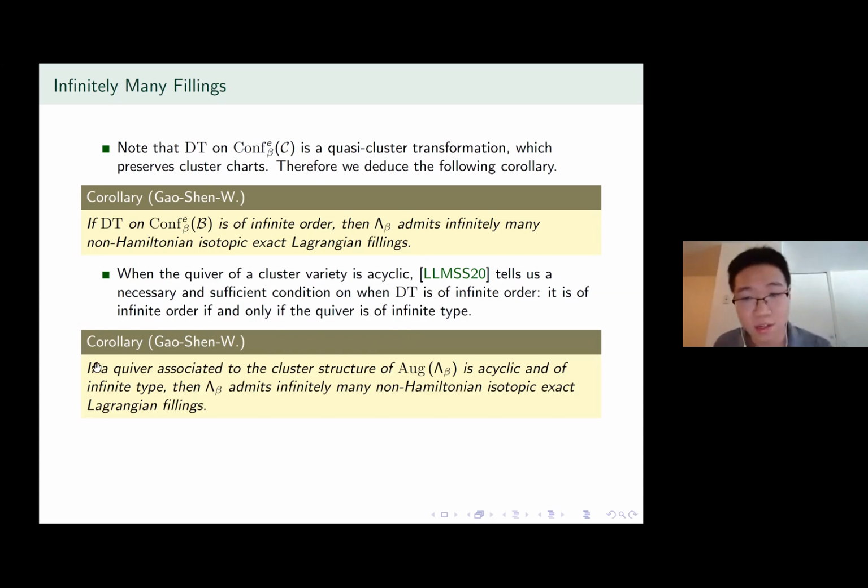So if you know that the underlying quiver of your augmentation variety is acyclic and of infinite type, then it always admits infinitely many non-Hamiltonian isotopic exact Lagrangian fillings. In particular, this applies to the earlier example that we saw, which is an acyclic quiver of infinite type. So that Legendrian link would have infinitely many non-Hamiltonian isotopic exact Lagrangian fillings.